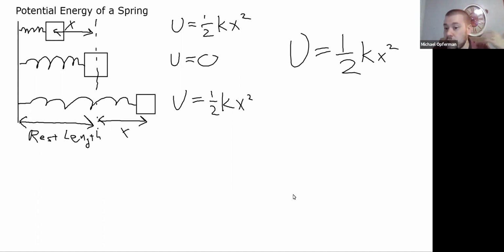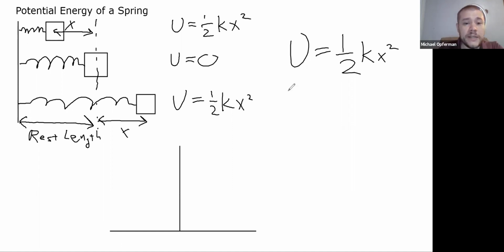A few additional conceptual comments about the spring potential energy. I talked in a previous video about how you can learn a lot about a potential energy by graphing it. So if we sketch out the spring potential energy, U versus x, it is, of course, a parabola, which I don't know how good I am at drawing parabolas, but we'll try. Okay.